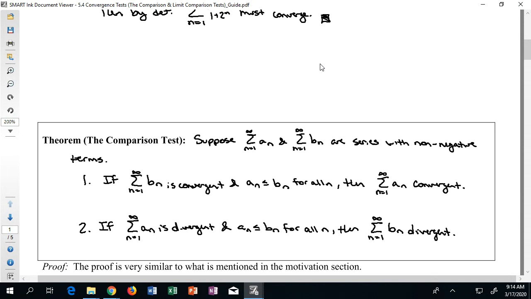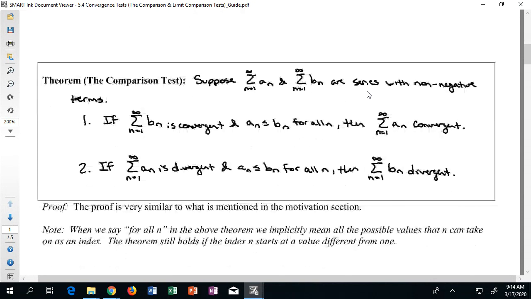So this will actually be extremely similar to the idea of the comparison theorem that we had with improper integrals. If the small thing is diverging, so is the big thing. And if the big thing is converging, so is the small thing.